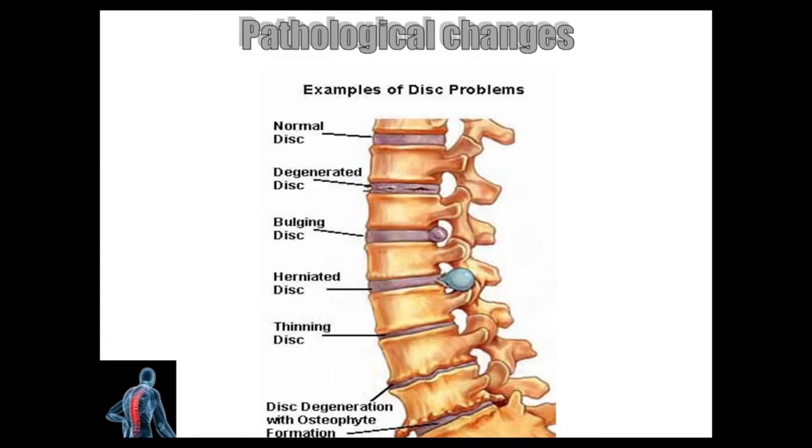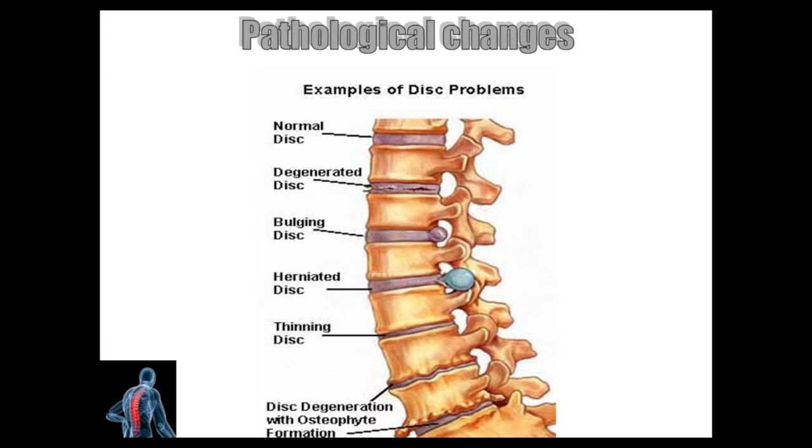Next possible stage is the stage of hernia. It is a condition when the annulus fibrosus becomes ruptured and the nucleus pulposus comes out inside the vertebral canal, and as a result, that disc material can compress the spinal nerve or spinal cord.